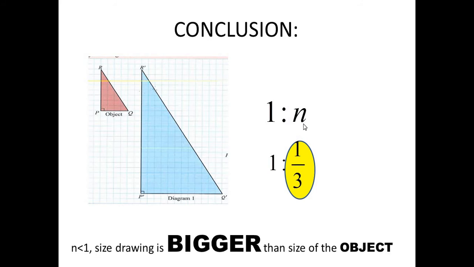If n is less than 1, and 1/3 is less than 1, then the size of the drawing is bigger than the size of the object. So you have to remember that when n is less than 1, the size of the drawing must be bigger than the size of the object.